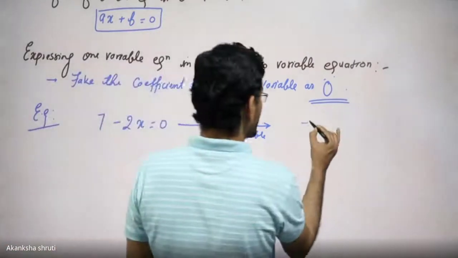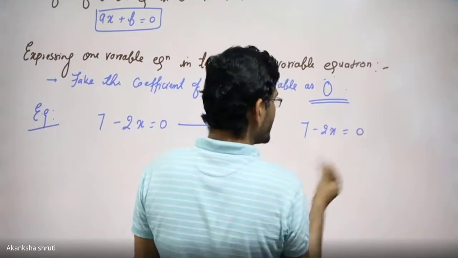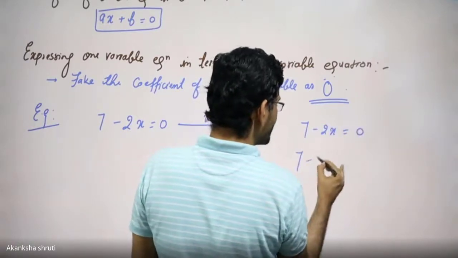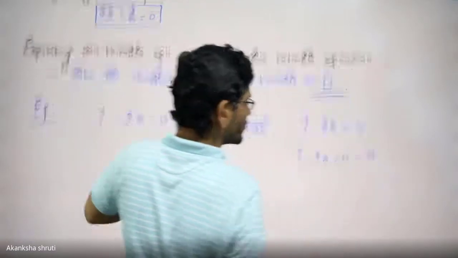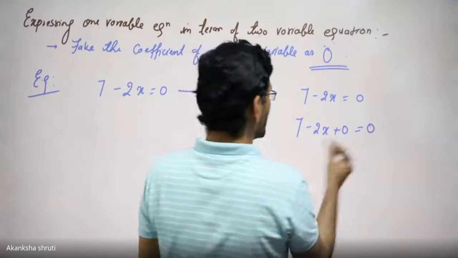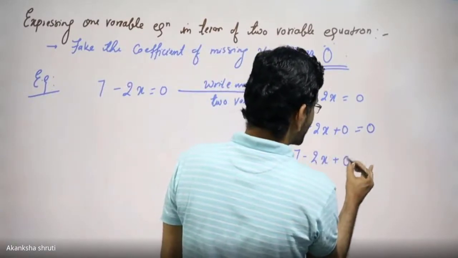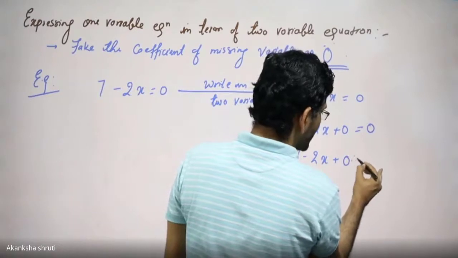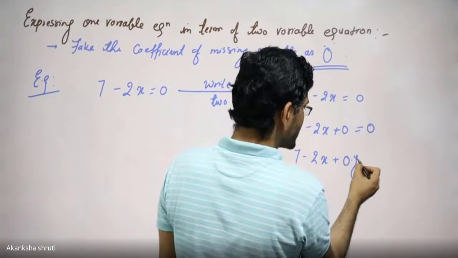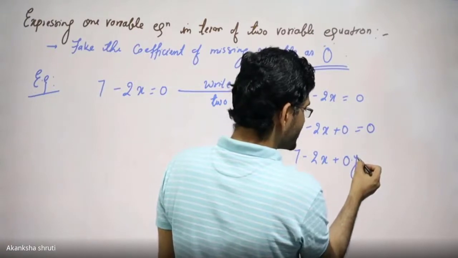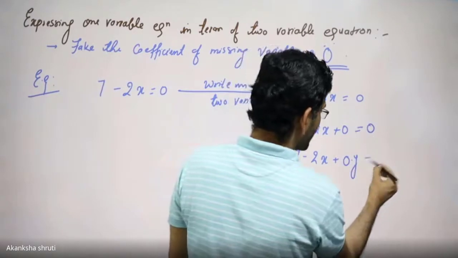Students, we can see here 7 minus 2x is equal to 0. Means this can be taken as 7 minus 2x plus 0y is equal to 0. We have taken 0 as the coefficient for the missing variable. The x is given, the missing variable we are taking as y, with coefficient 0.